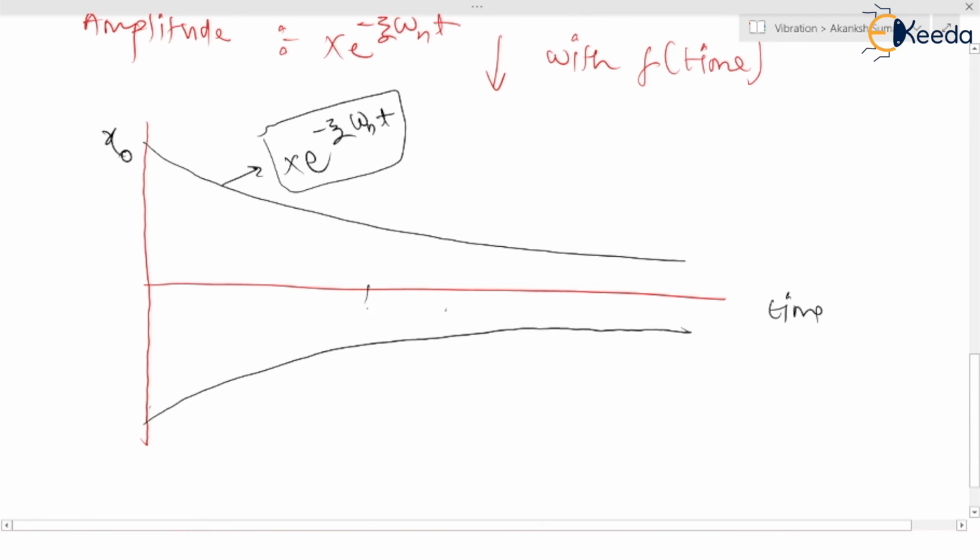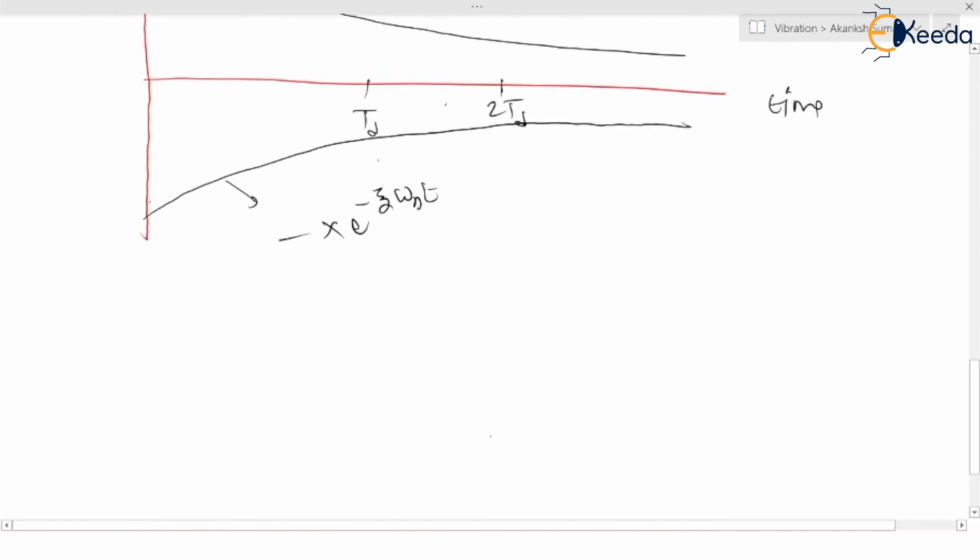This is the first time interval, td, and this is the second time interval, 2td. So here the graph would be like that, and in the downward direction there will be a minus sign. I'm going to consider minus X e to the power minus zeta omega n multiplied by t. So this is basically the amplitude of the vibratory damped system.